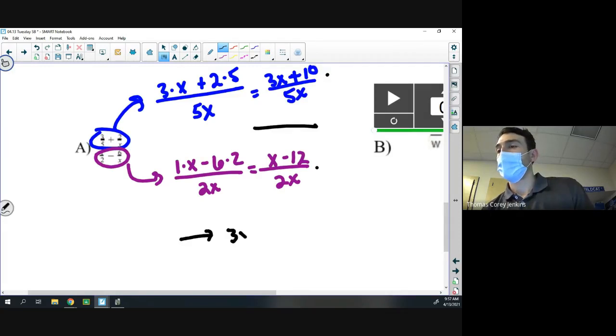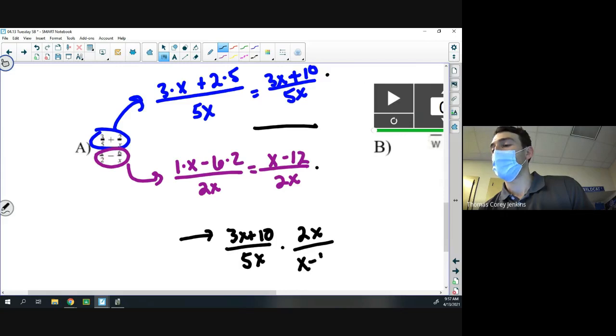So that'd be 3x plus 10 over 5x times 2x over x minus 12. And then we could multiply straight across, but we do have a common factor, so I'm going to go ahead and reduce that out. So x over x is just going to be 1.